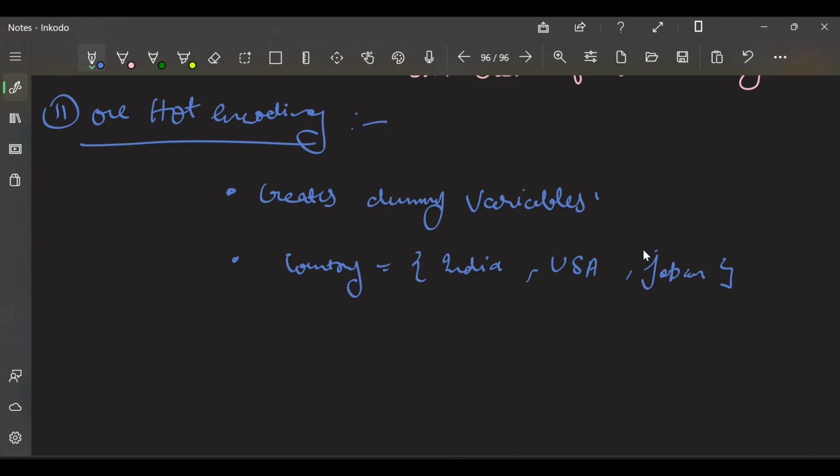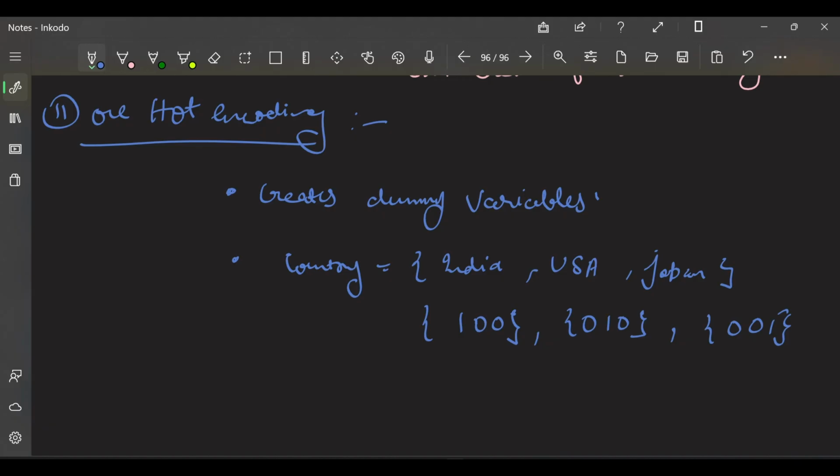For India, it will create 100, for USA 010, and for Japan 001. It avoids the order problem, but increases dimensionality. So this is called one hot encoding.